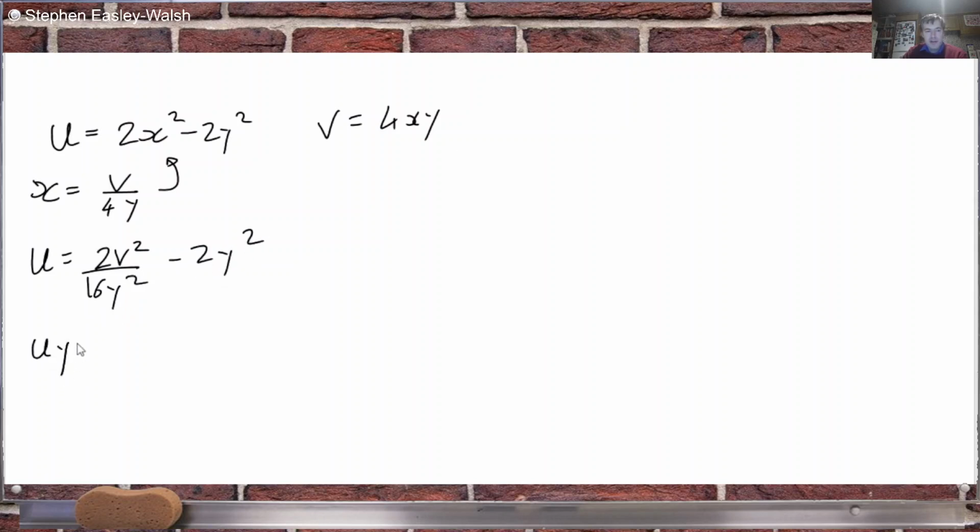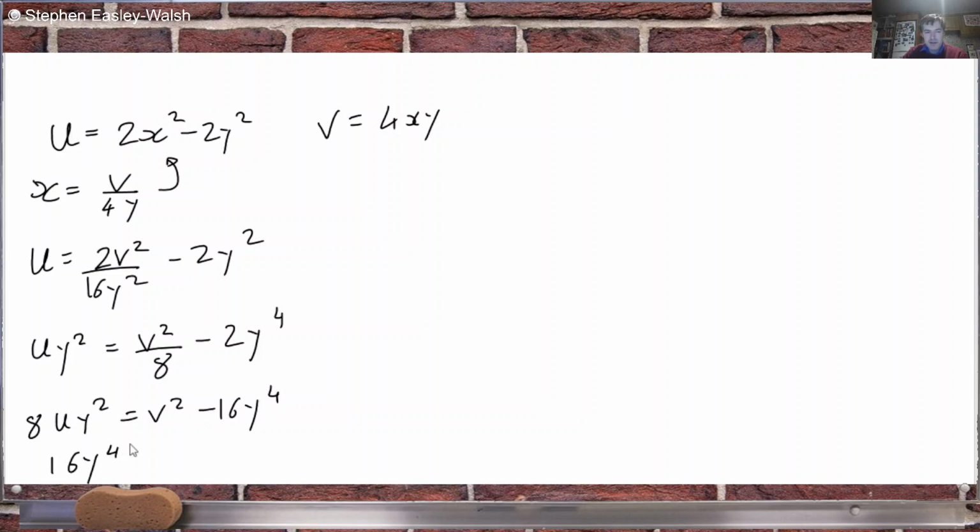So that's uy squared equals v squared over 8 minus 2y4 multiplied by 8. 8uy squared equals v squared minus 16y4. So we have 16y4 plus 8uy squared minus v squared equals 0.